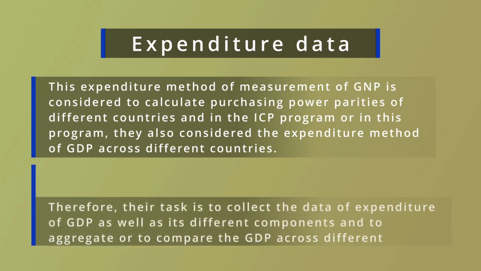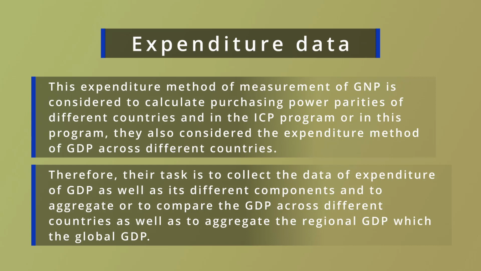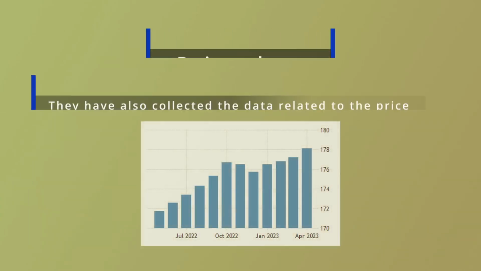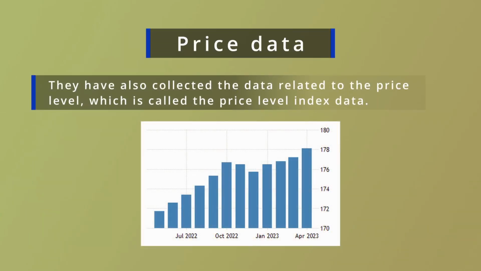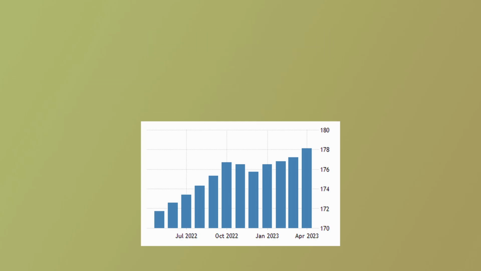Therefore, their task is to collect the data of expenditure of GDP as well as its different components, to compare the GDP across different countries as well as to aggregate the regional GDP with the global GDP. They have also collected the data related to the price level, which is called the price level index data.